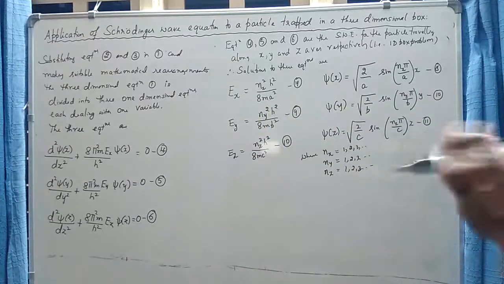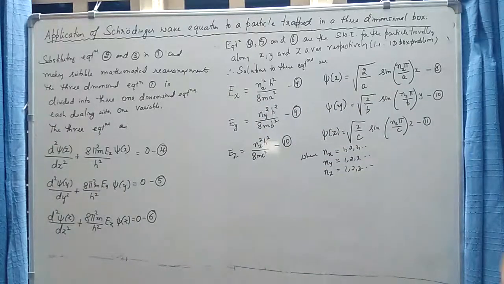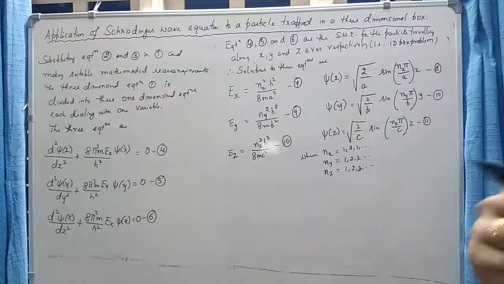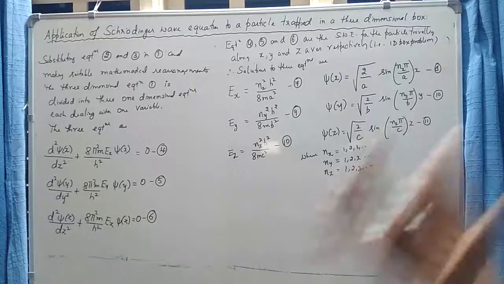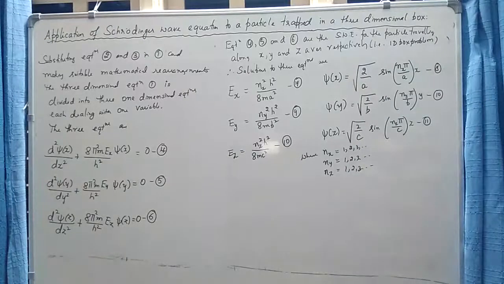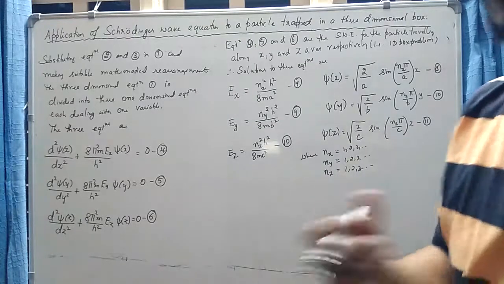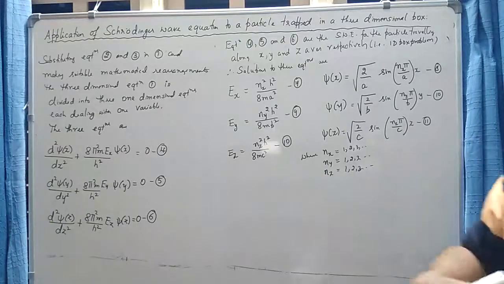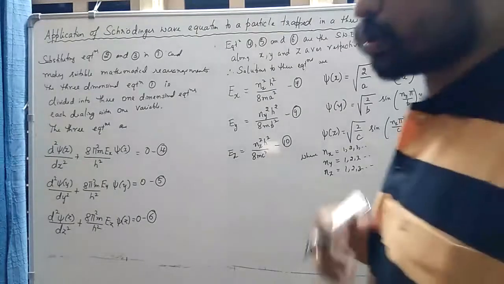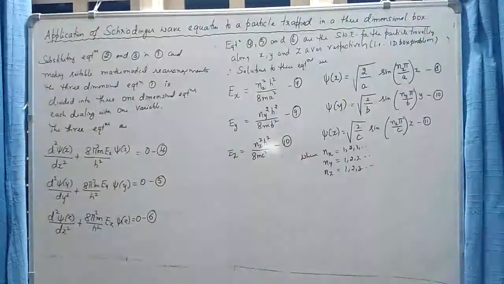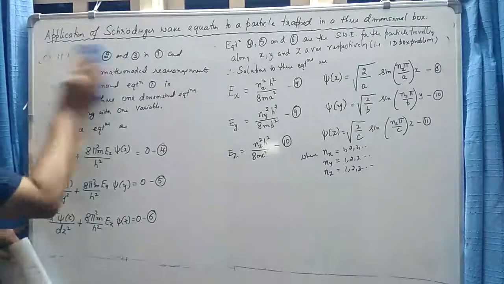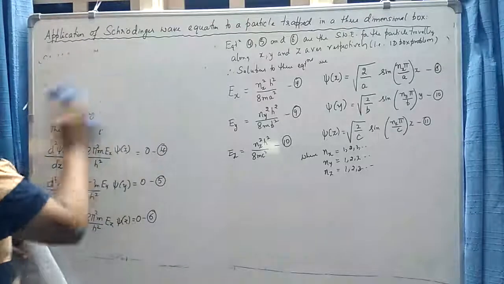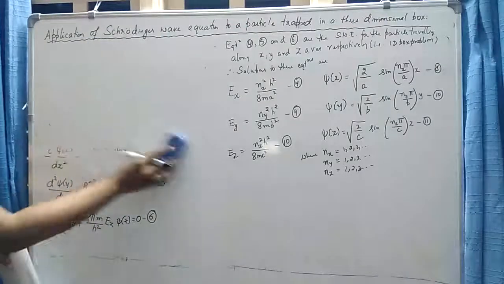But our original system is not a one-dimensional system, it is a three-dimensional system. So let us now write what is the overall solution to the three-dimensional problem. The overall solution means what is the overall expression for the energy of the particle in the three-dimensional box, and what is the expression for the overall or total wave function. For that, we have to go back again to equation number 2 and equation number 3.